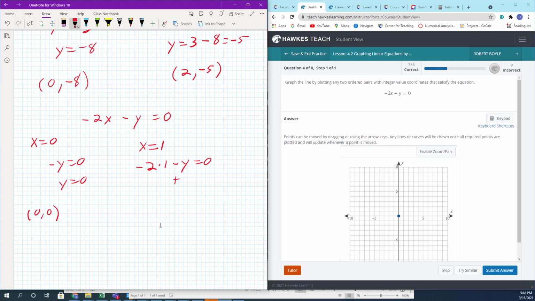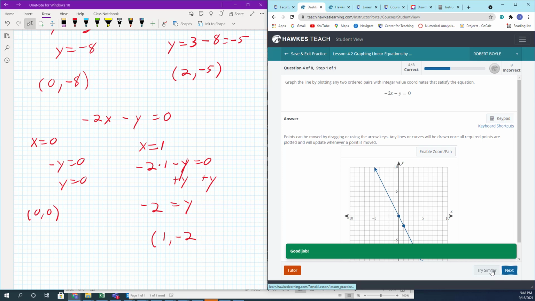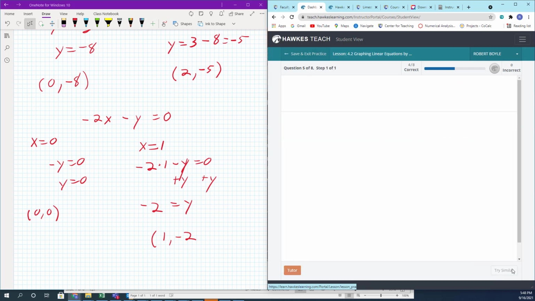We can actually add positive y to both sides, and we will get -2, these cancel, is equal to y, which gives us the ordered pair 1, -2. So we can plot 1, -2, and there we are. Is that correct? Let's submit our answer, and it turns out it is.